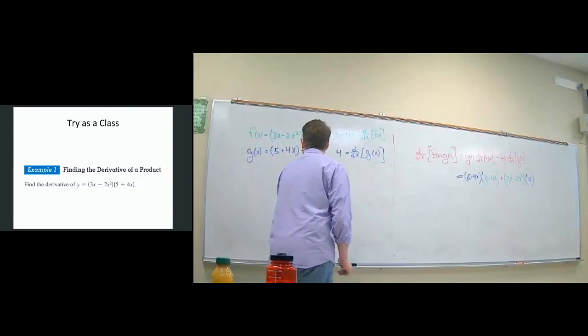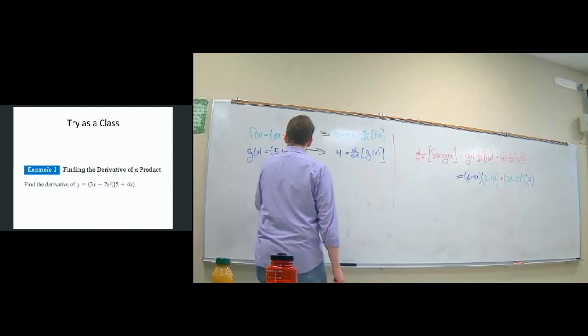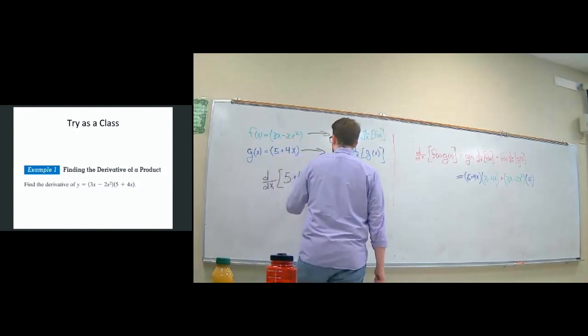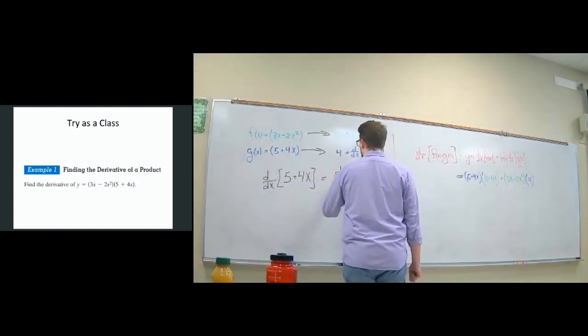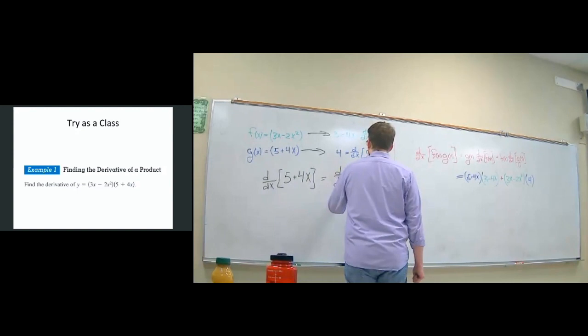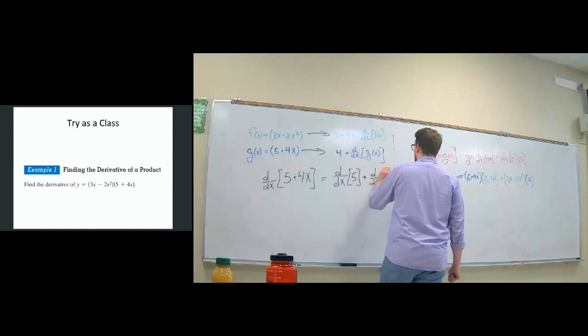So it would look like this. Dx of 5 plus 4x is equal to dx of 5 plus dx of 4x.